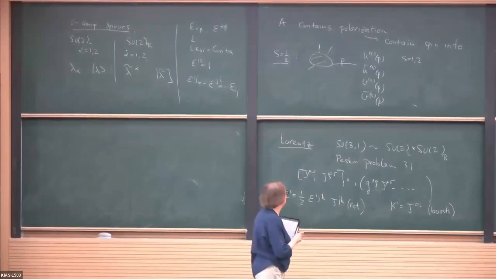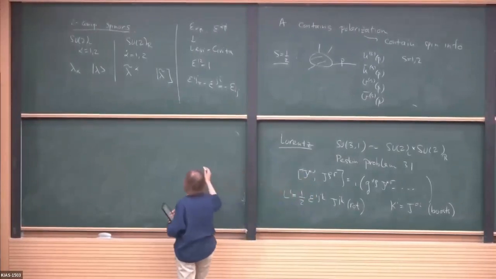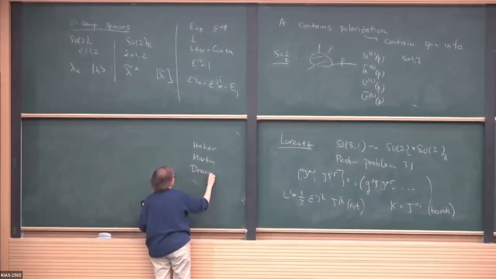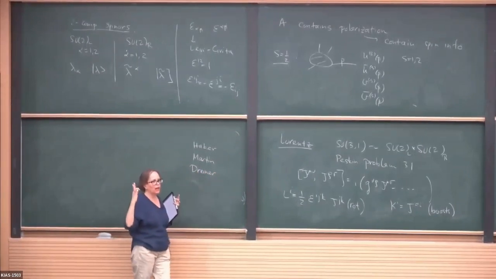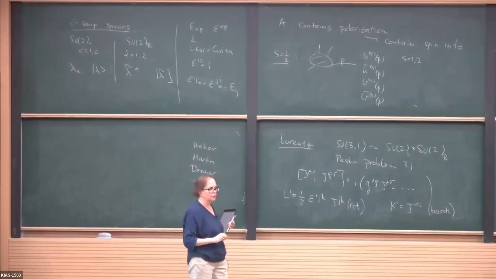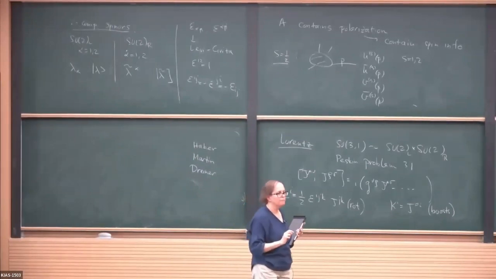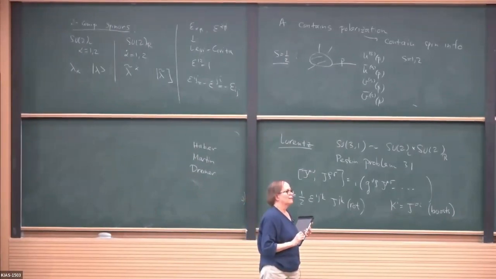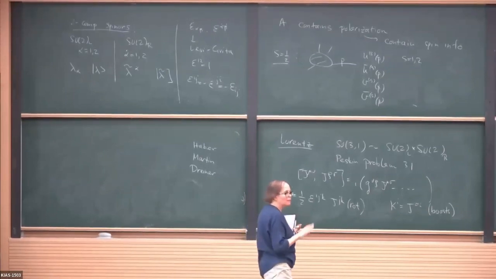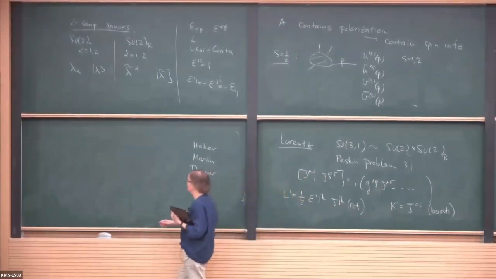There's an excellent review on two component spinors by Haber, Martin, and Dreiner. I really recommend that. This is like the Bible of two component spinors. They also convert from some notations to another. Is there any physical reason to use the curly bracket for the SU(2)L? No, I don't think so. You could use any convention that works. It should all be the same.